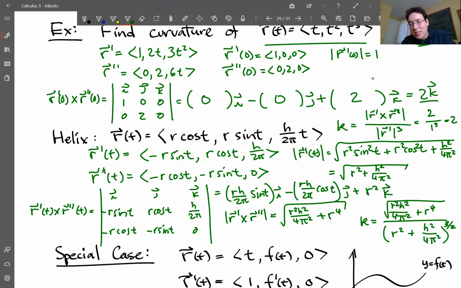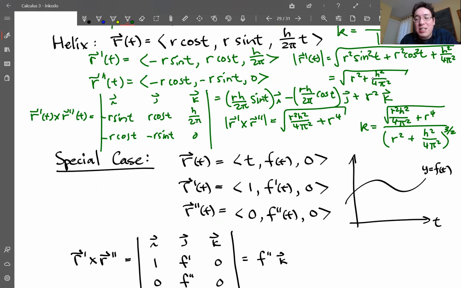Okay. So actually, I think this will simplify, but I think I've spent enough time on this problem that I'm just going to end it here. So curvature can be computed for this helix.